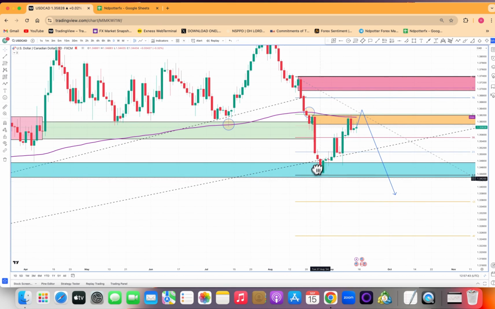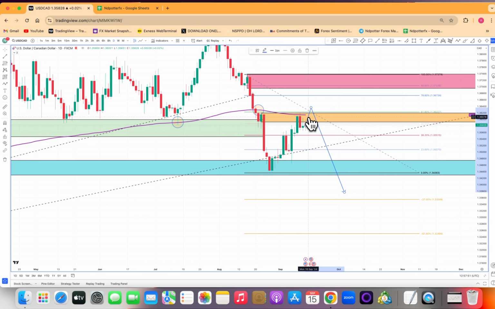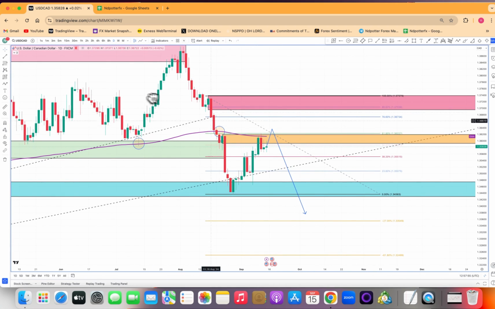But as you can see, the market respected it. When it came into the demand zone, it rallied in the opposite direction. So now it's contacting a minor supply here, which even if they play around this supply here, this is the major supply.